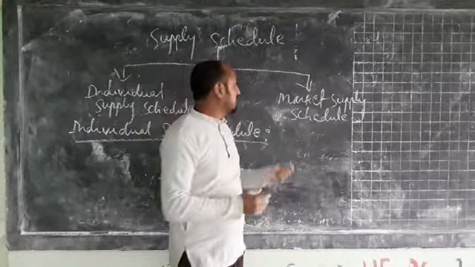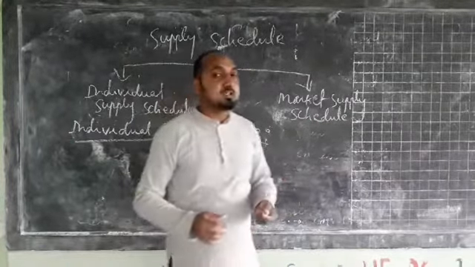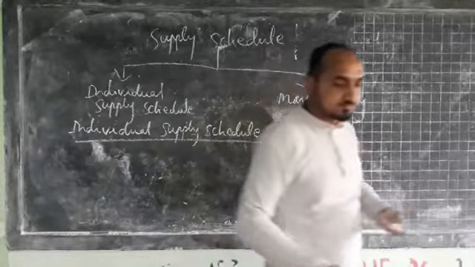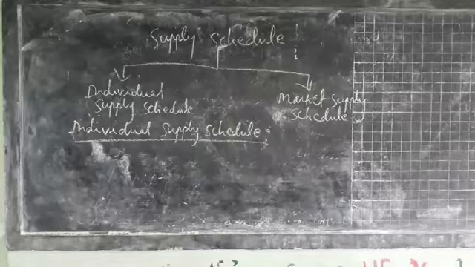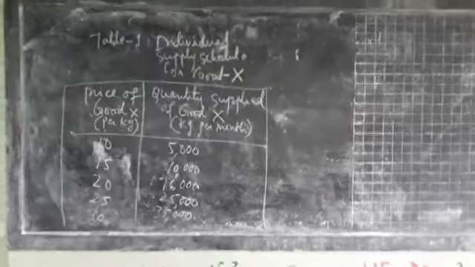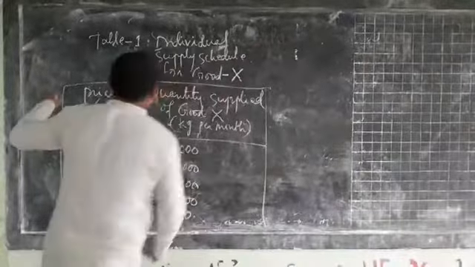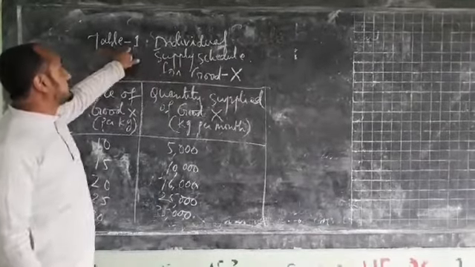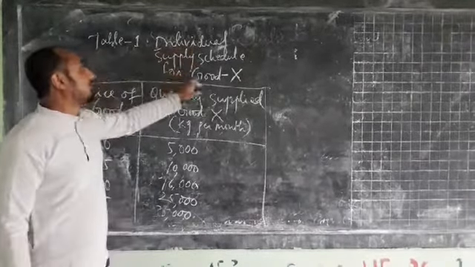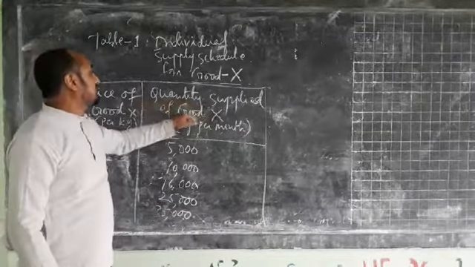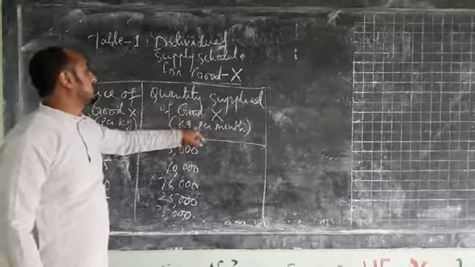Now I will explain the concept of the individual supply schedule and market supply schedule with the help of one example. Here in table number 1, I have considered the individual supply schedule for good X. So the commodity is X. The price of good X is given per kg, and the quantity supplied of good X is measured in kg per month.